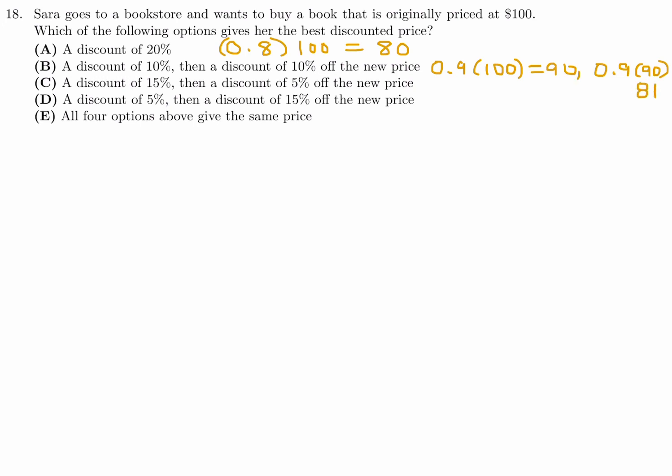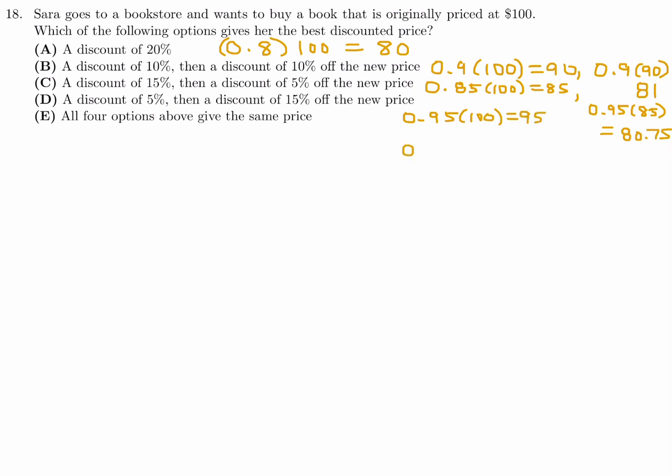Same thing for C, 15%, so 0.85 times 100, and that gives me 85. Then a discount of 5%, so 0.95 times 85, and that gives me 80.75. The last one, a discount of 5%, so 0.95 times 100, which is 95.